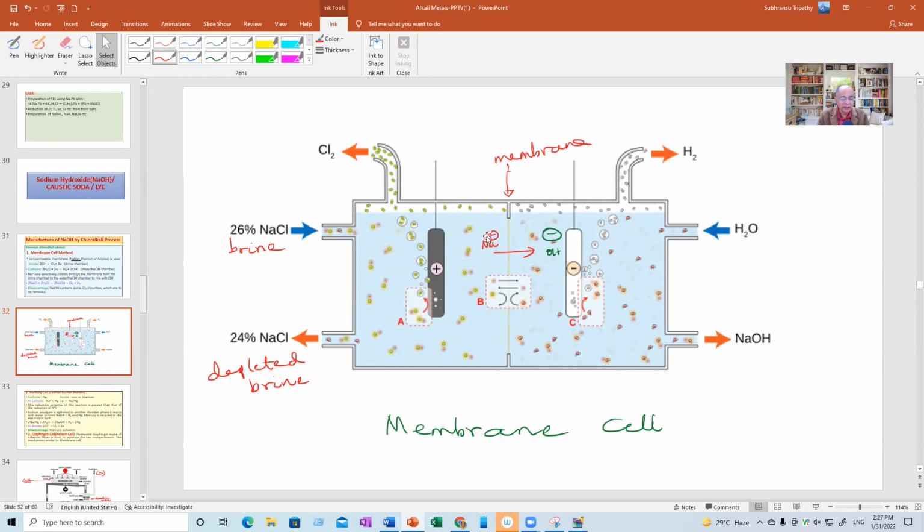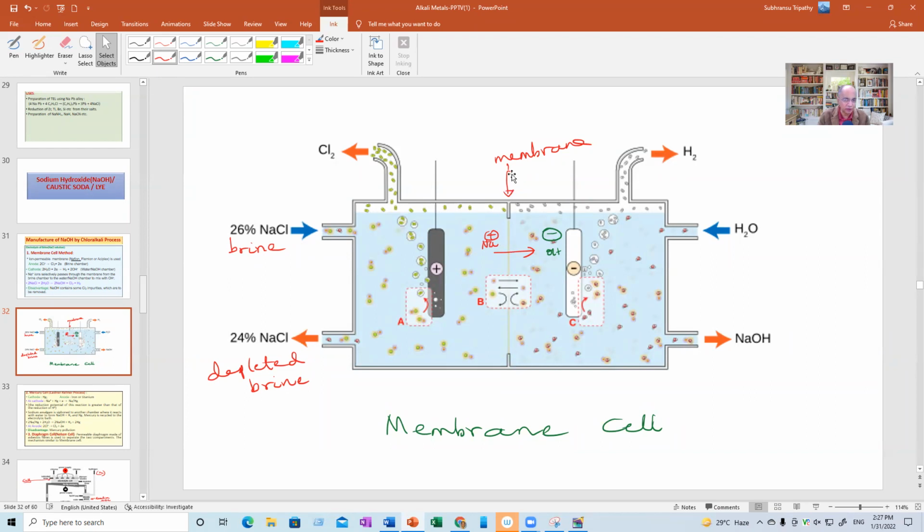One is the brine chamber. The other one is the water alkali chamber, and they're separated by a membrane, which will selectively allow the passage of some ions and prevent the passage of other ions. That is the ion selective membrane.